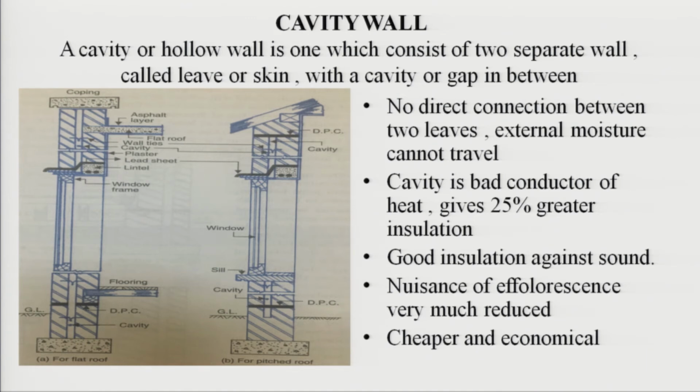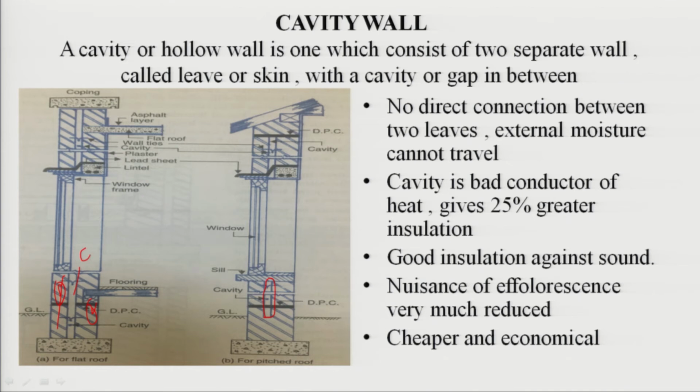We can see here, this is a hollow wall. This is the window, and this is the hollow between two walls. This is one wall and this is the second wall, and in between the two leaves there is a cavity.